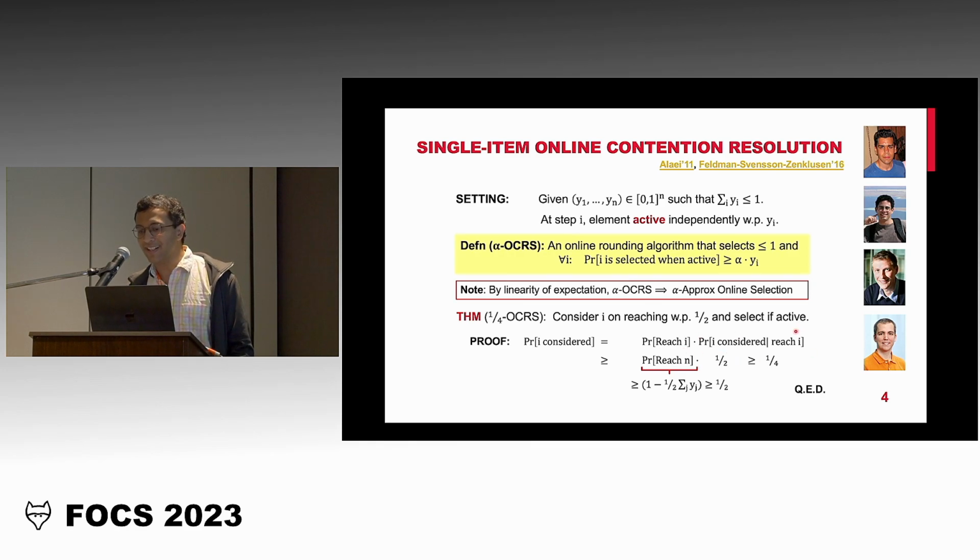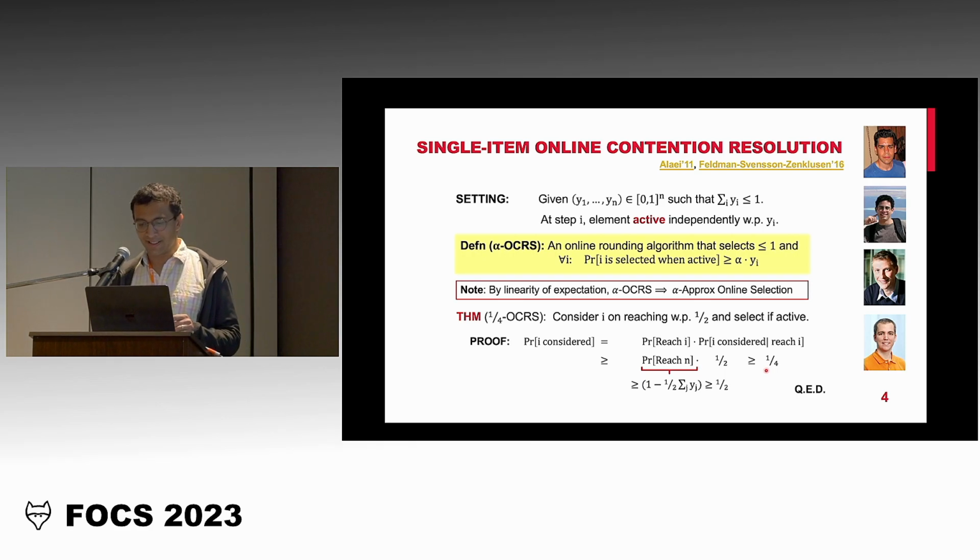And the probability of considering i on reaching it is a half. Now, the probability of reaching n, by a simple union bound, because on average you are selecting each element at most by yi over 2, you are reaching even the last element with 1 minus half probability. So this half times half gives you a quarter.